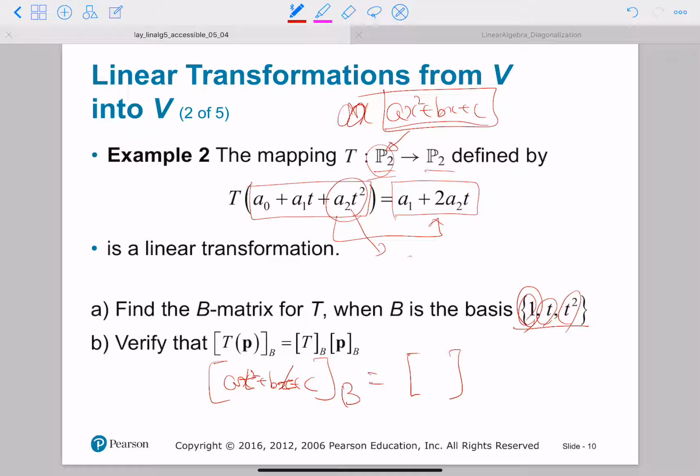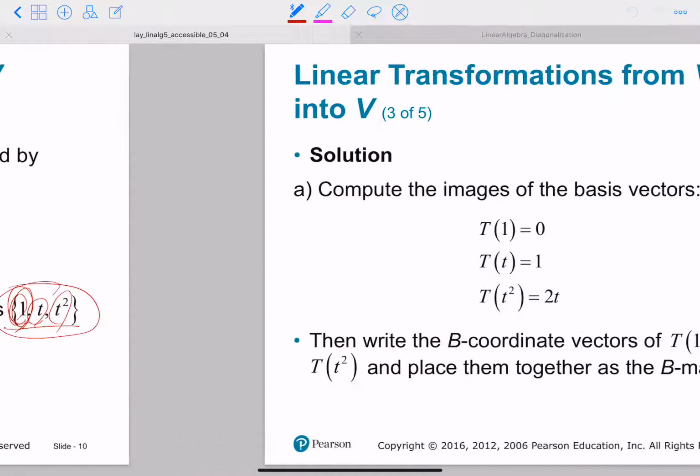So this is the first basis, and so the coordinate is, yeah, let's use this. So for 1, t, and t squared, the corresponding linear combination coefficients are a0, a1, and a2. Right? So this is the coordinate vector of this polynomial with respect to this basis.